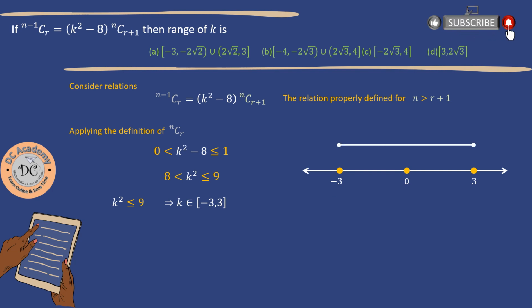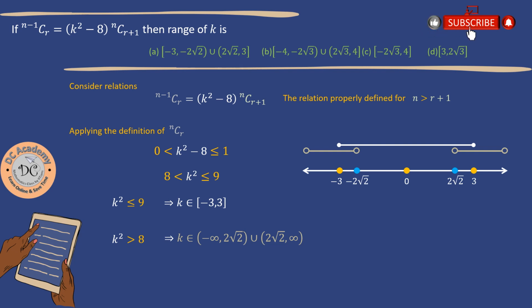The second condition is that k square is greater than 8, so k belongs to minus infinity to minus 2 root 2 and 2 root 2 to infinity. You mark 2 root 2, which obviously lies between 0 and 3. So that's the second case.